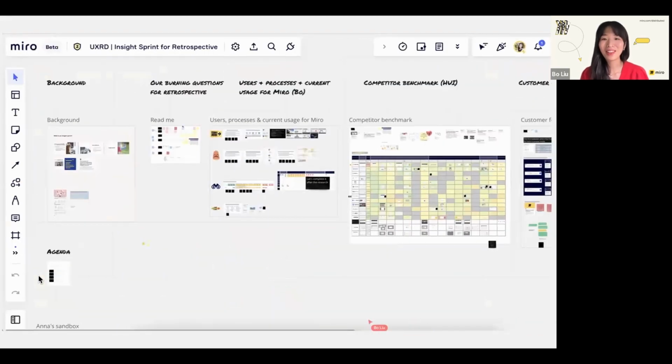So to begin with, we started with an insight sprint where we went through all the existing research, analysis, customer feedback, and also the market reports around retrospectives. Within just 1 week, we summarized the learnings individually, and then we came together in a workshop at the end of that week.